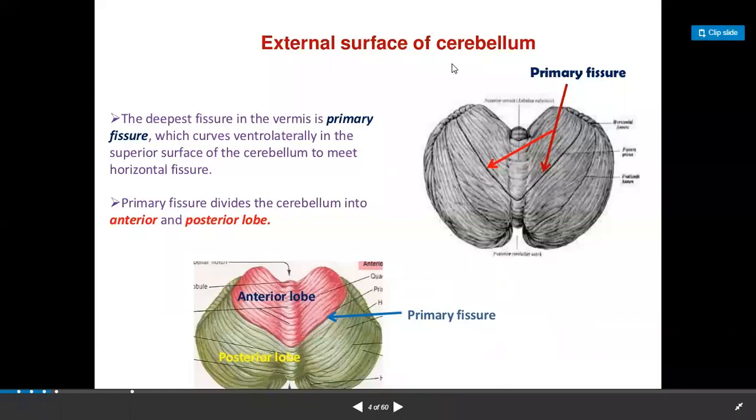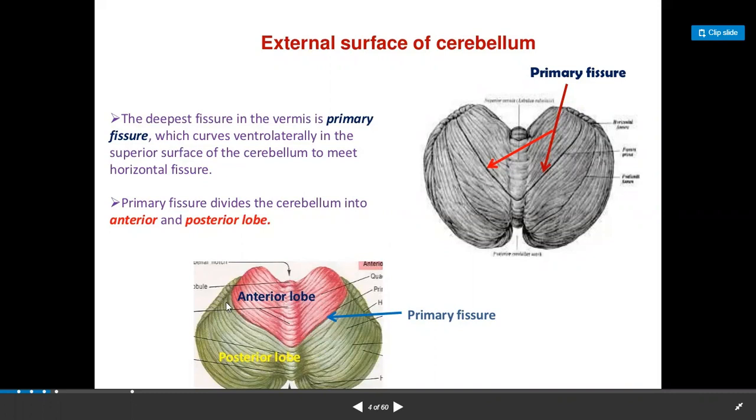Now, the external surface of the cerebellum. The deepest fissure in the vermis, you can see, is the primary fissure, which curves ventrolaterally in the superior surface of the cerebellum to meet the horizontal fissure.